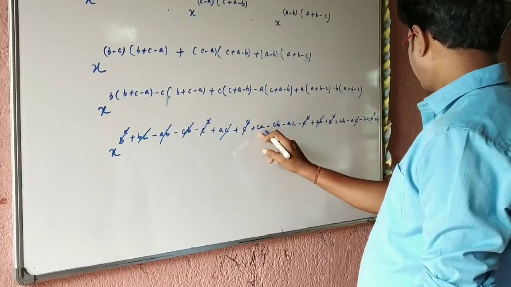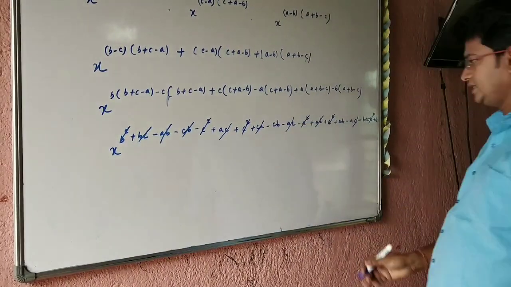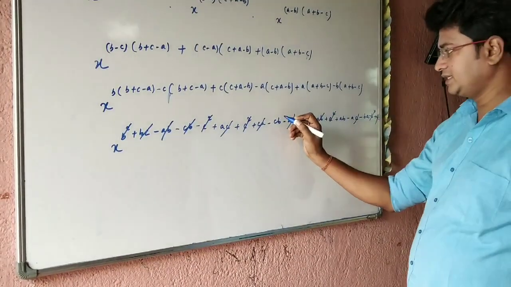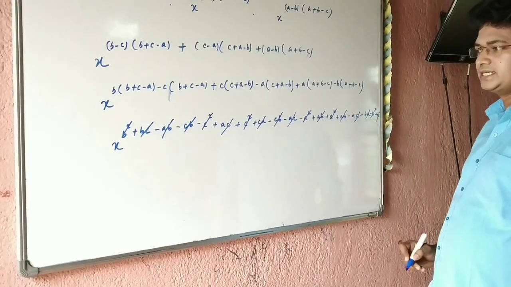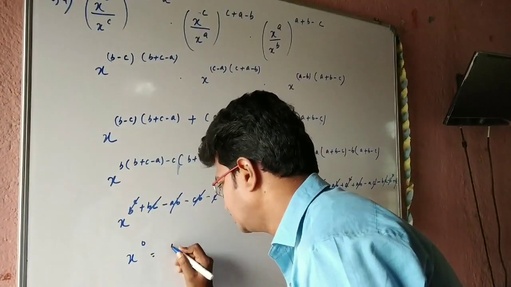Now ca minus ac is getting reduced, minus cb plus bc is also getting reduced, and ab minus ab. Everything is getting reduced. So finally x to the power 0 is equal to 1.